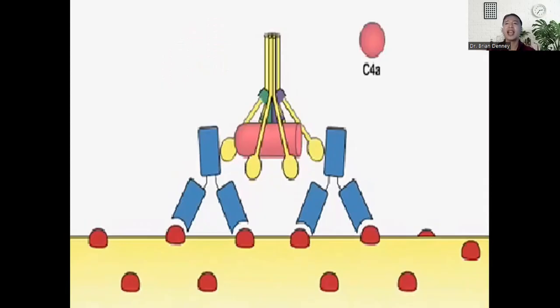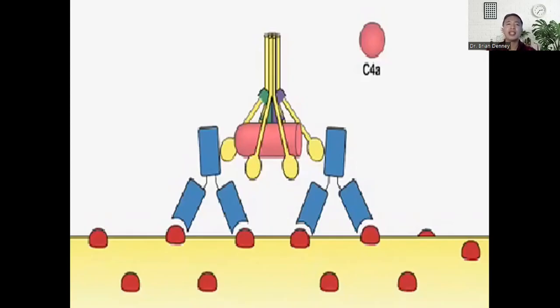It is activated into two fragments, producing C4A and C4B. Which of these fragments now participates further in the cascade? C4B. Which is the larger fragment? C4B. C4A, being the smaller fragment, is actually a byproduct of your activation of the classical pathway.